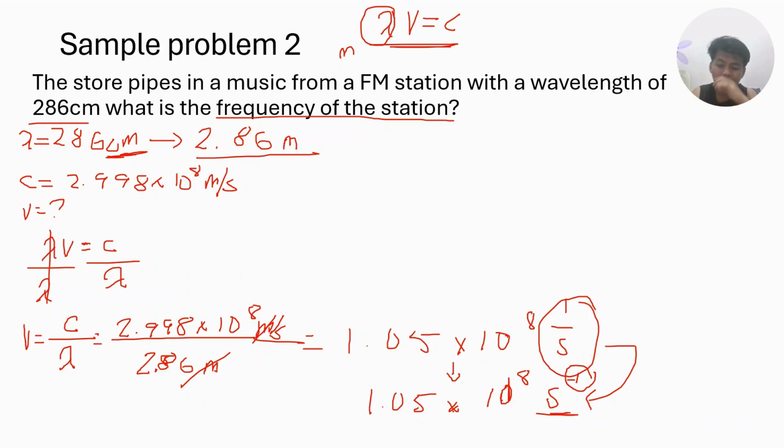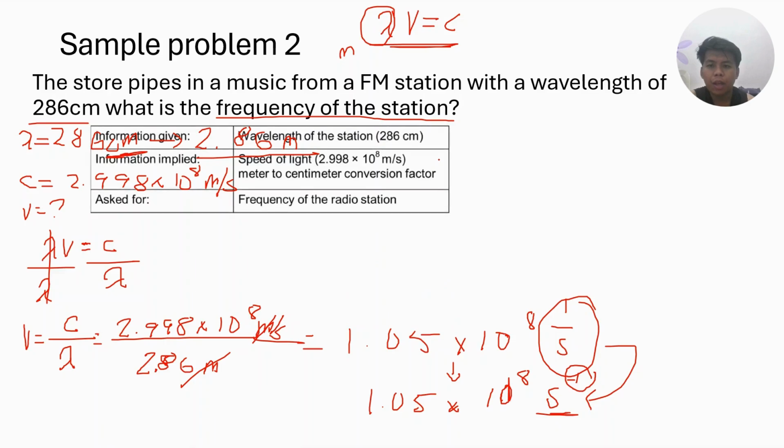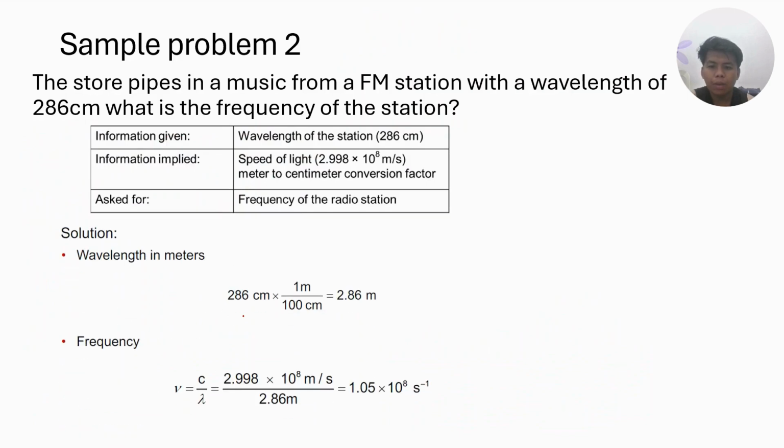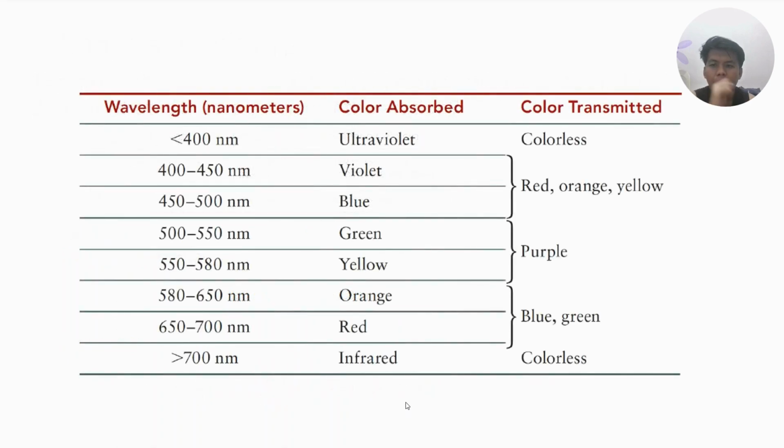I'm just showing you the detailed part of the solution right here. I hope that is very clear to you. The calculations are very straightforward. Okay, let's check. Let me erase this on the board. So, given this is how we solve it, and we actually arrive at the same value.